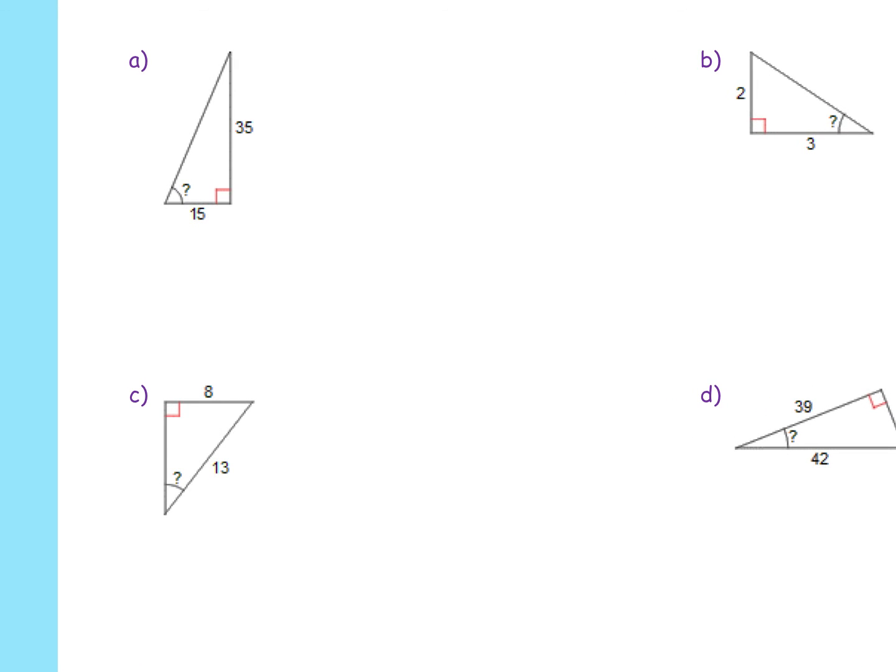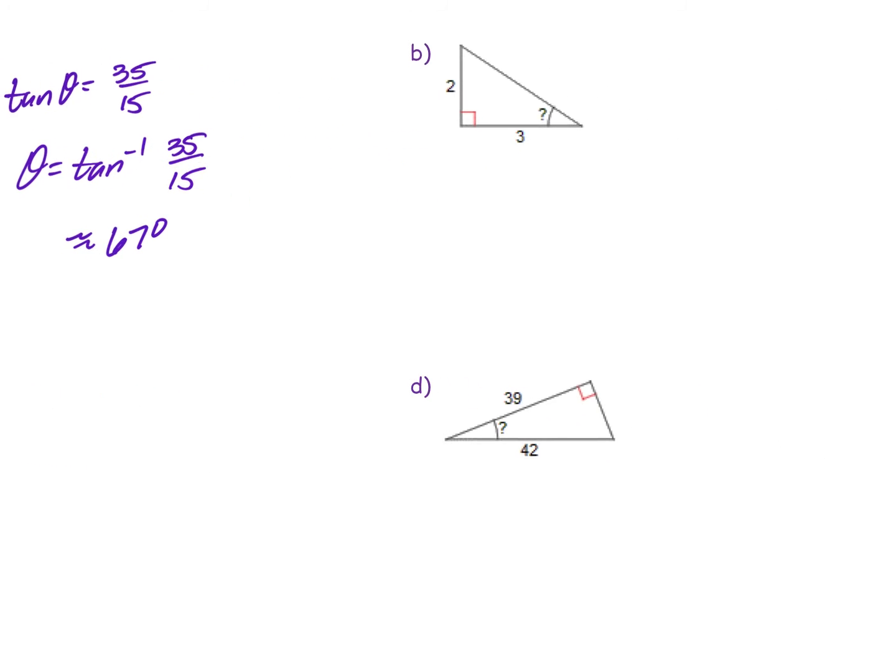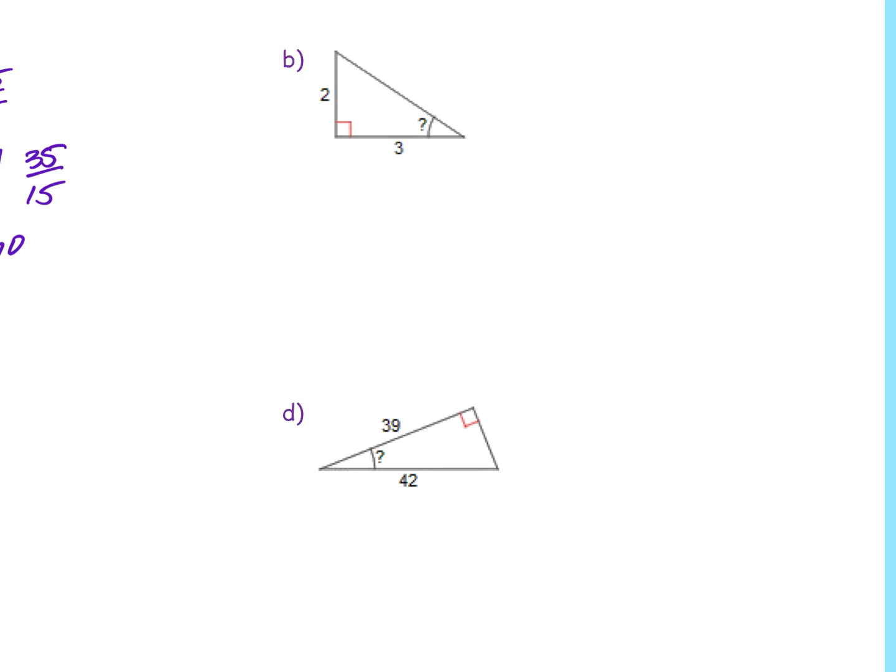here we go. So I think I've got tangent of theta equals 35 over 15. So theta is going to equal tan inverse of 35 divided by 15, which is approximately equal to 67 degrees. And then B, again, is another tangent. Tangent of theta is going to equal 2 over 3.